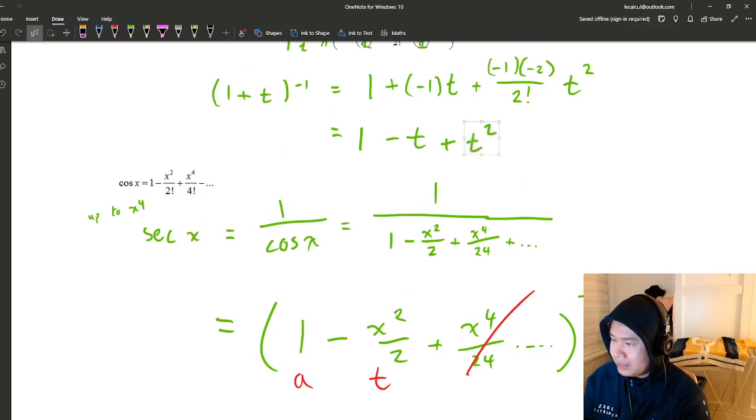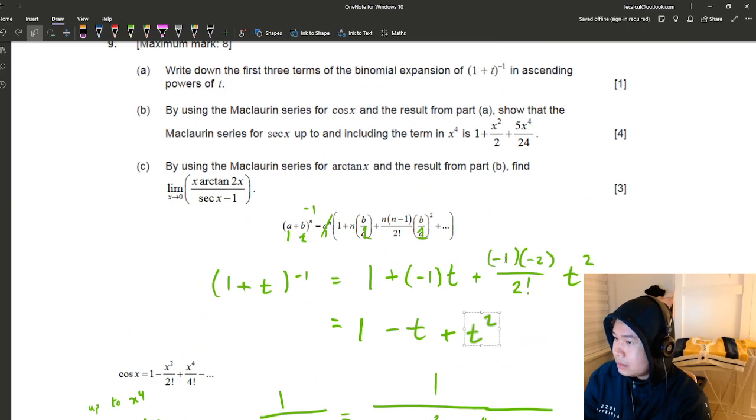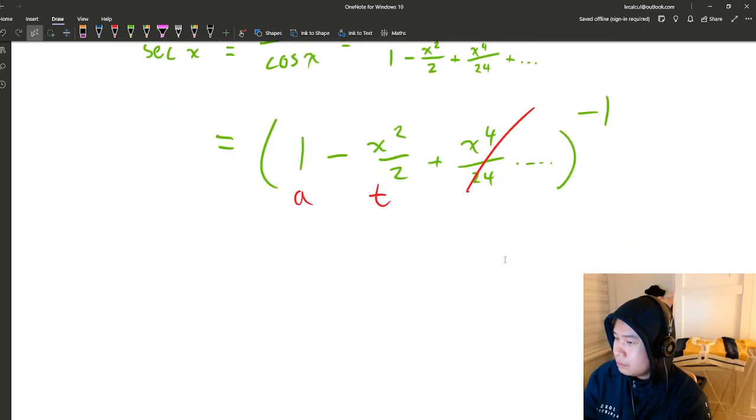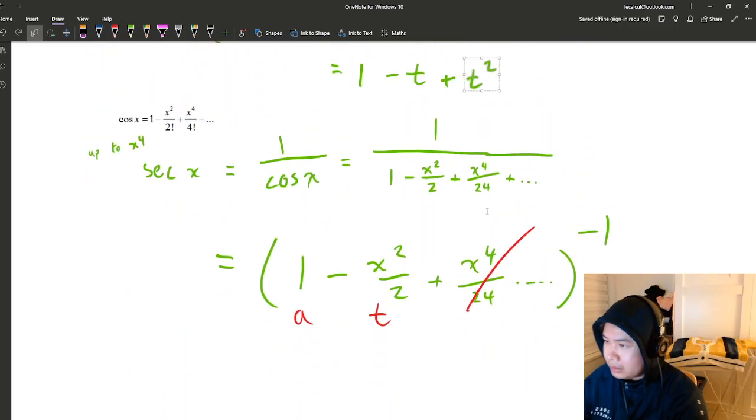So I'm going to square this x squared, which makes an x to the power of 4. So I'm not going to include this part of the Maclaurin series so that I can use the expansion properly here.